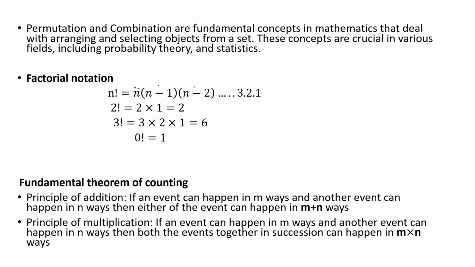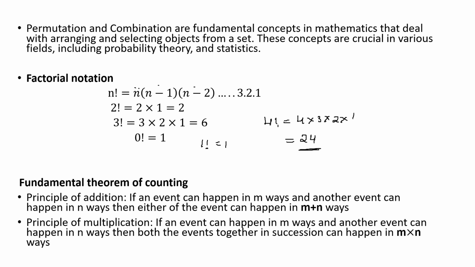So if you have 2 factorial, then the product will be 2 into 1, that is 2. So 3 factorial is 3 into 2 into 1, is 6. So 0 factorial is 1, and 1 factorial is also 1, and 4 factorial will be 4 into 3 into 2 into 1. So that is equal to 24.